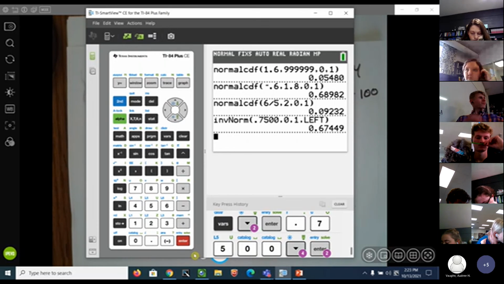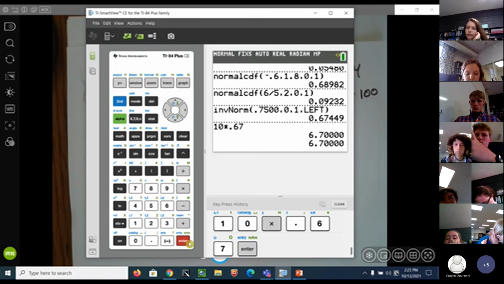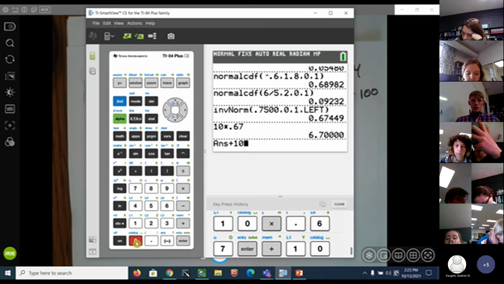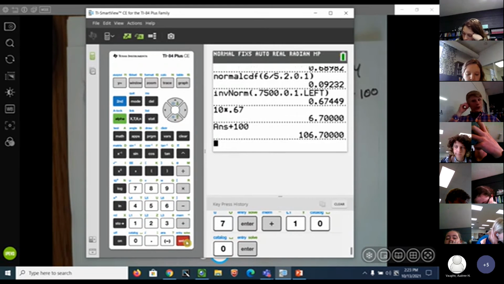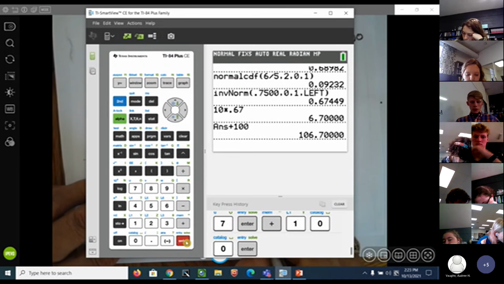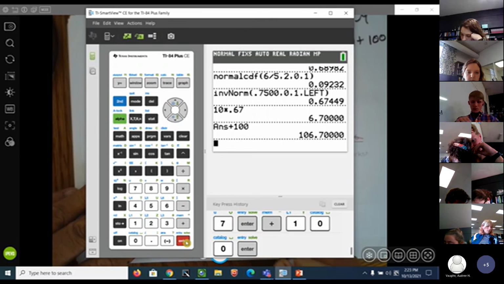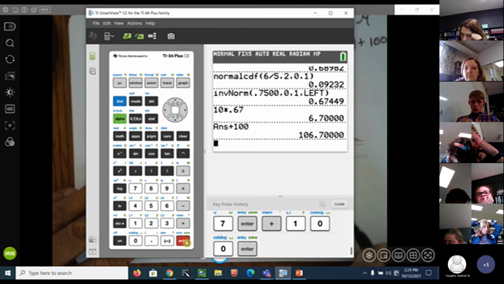So take your handy dandy calculator and do 10 times 0.67 plus 100. I got 106.7 or 107. And that is the test score that represents the 75th percentile.